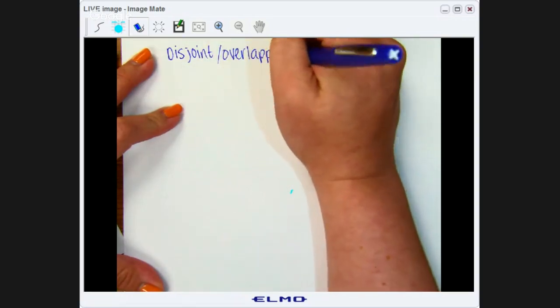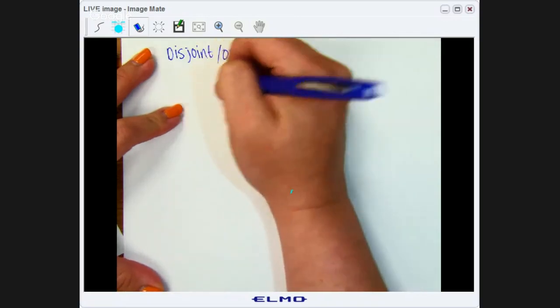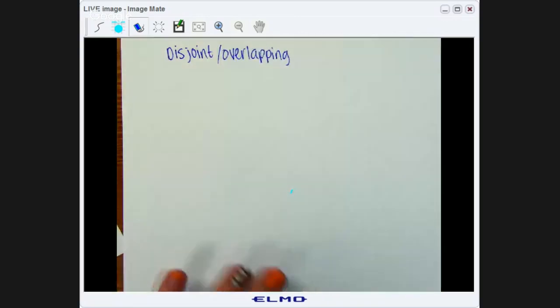So we want event A or event B. So if you're looking down at the bottom of the probability unit, the disjoint overlapping starts to come in with the question, the probability of orange or black. And so when we're talking about or, if it's disjoint, it means the events don't occur in the same outcomes.